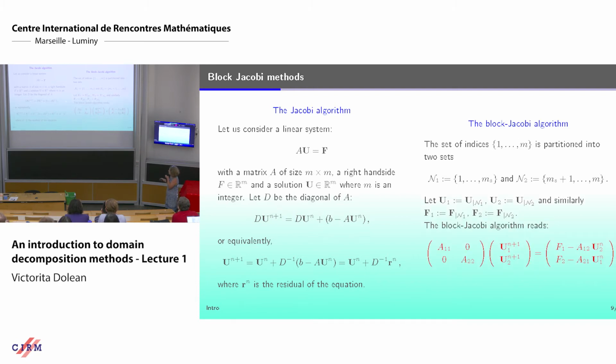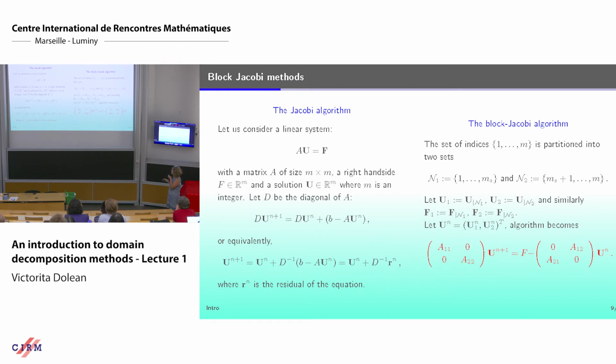So now if you want to define the block Jacobi algorithm, you do the same thing, except that now you just take the block diagonal here. So A11 and A22 are just the diagonal blocks corresponding to A, and you have here the equivalent of the block Jacobi algorithm. So now let's try to do the same thing as here. Let's try to isolate, to define some kind of residual, okay?